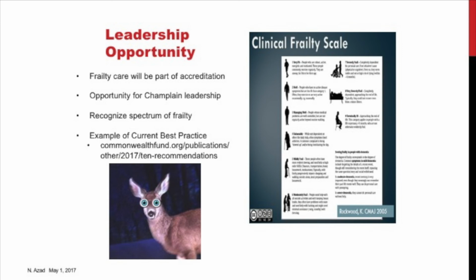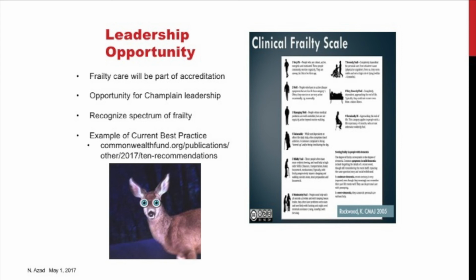That's why our emergency rooms are overcrowded. So we have to have a plan, and that needs leadership. I recommend that you go to commonwealthfund.org. They have 10 recommendations that are quite meaningful and basic, and a starting point.